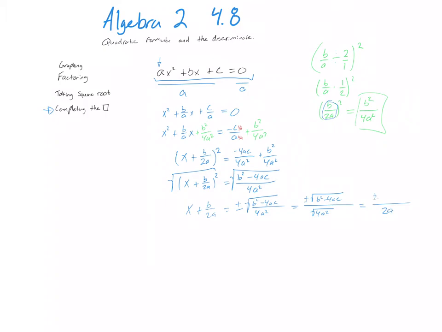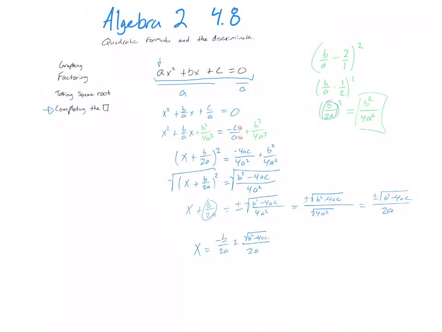Then I'm going to subtract that b over 2a from both sides, and that's going to give me x is equal to negative b over 2a plus or minus that square root over 2a.